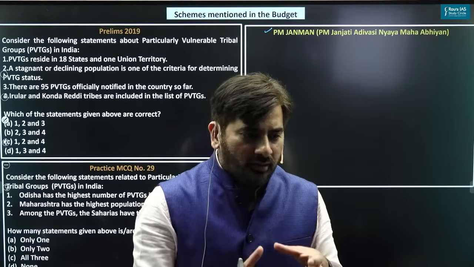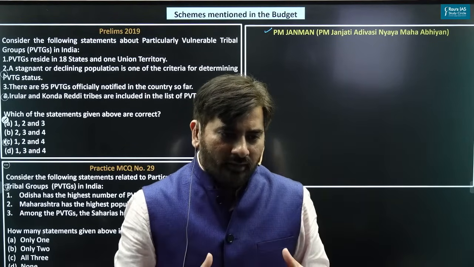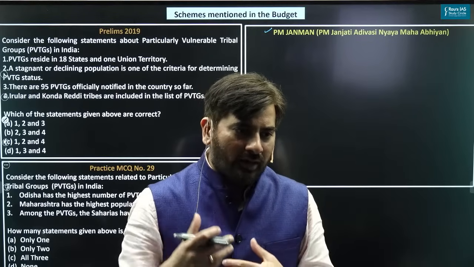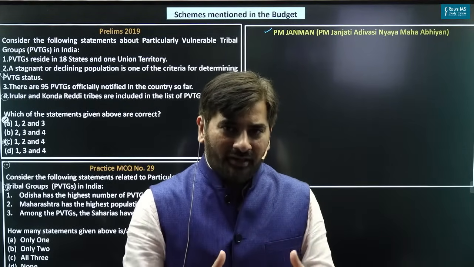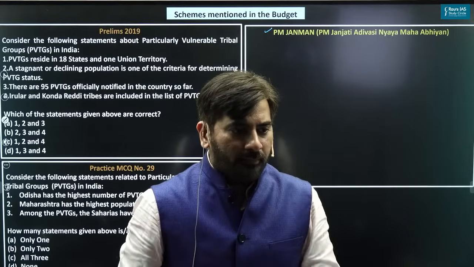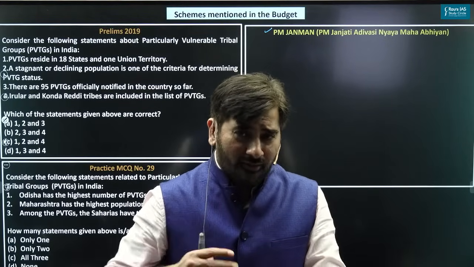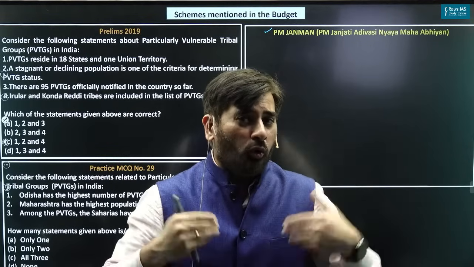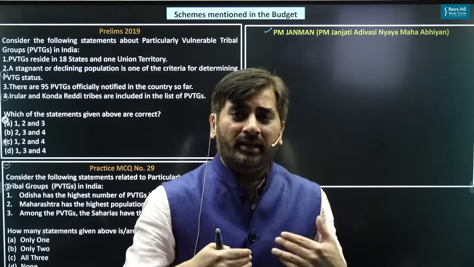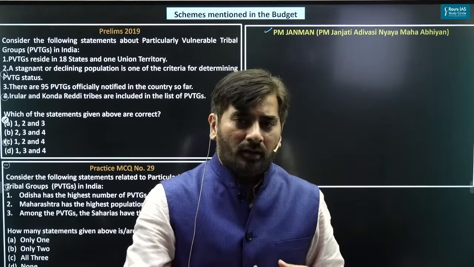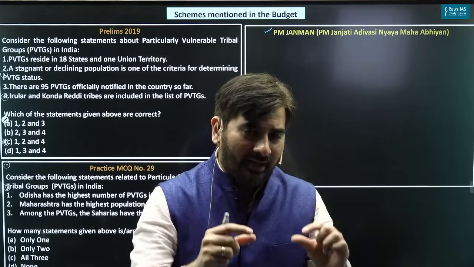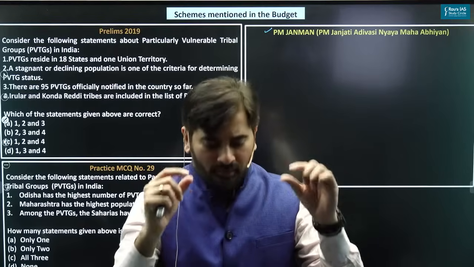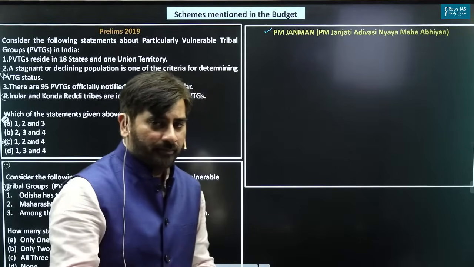So we know the tribal population faces a number of problems with respect to lack of access to education, health, road connectivity, and so on. But within the tribal population, there are certain tribals who are more economically and socially backward. These tribal groups are identified by the government and they are given the status of particularly vulnerable tribal groups.